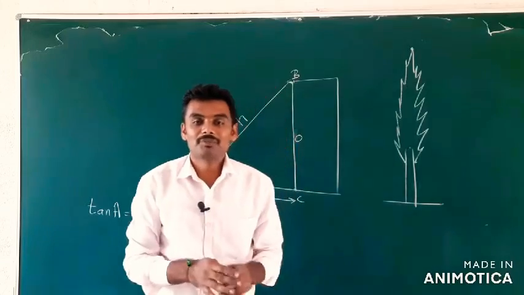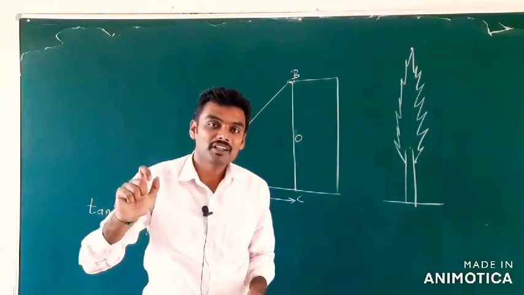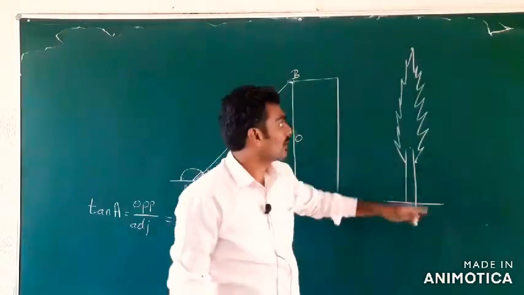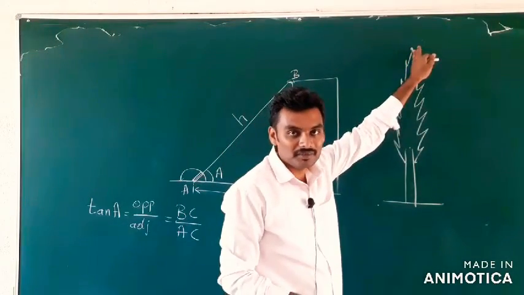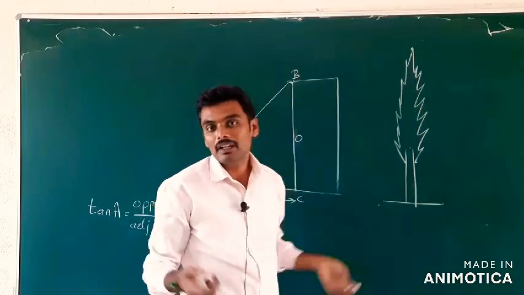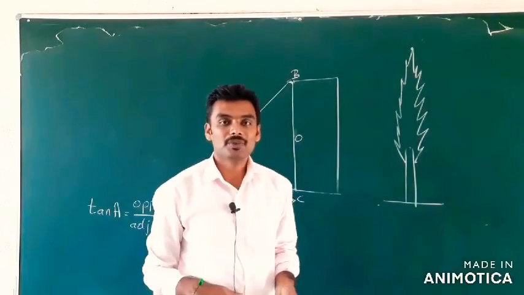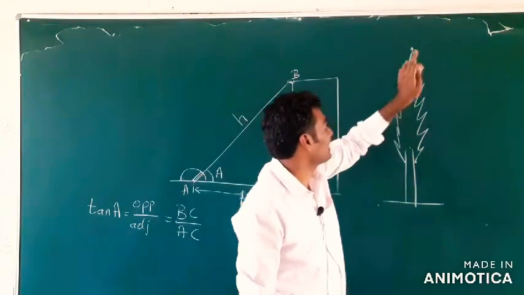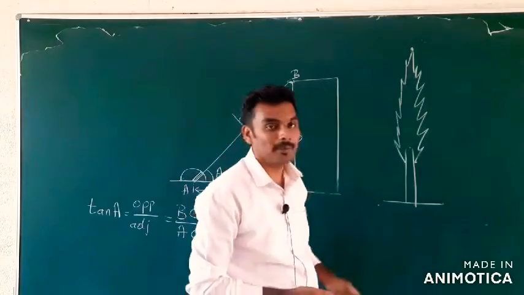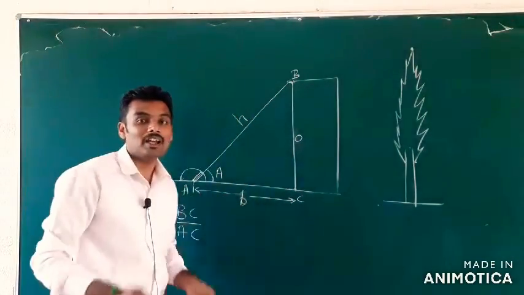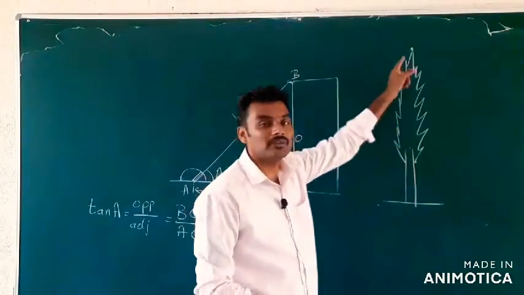If you want to take the time taken for a stone to drop from this point to the ground, again you cannot reach the top of the tree, right? So you can't just leave a stone and take the time and then put it into half g t square and get the value of height. No, it's not possible because no one can reach the height of the tree. The tree is in such a way. So, during this kind of situation, this method is going to help us in measuring the height of the tree.